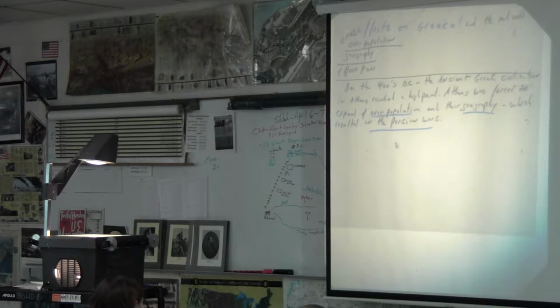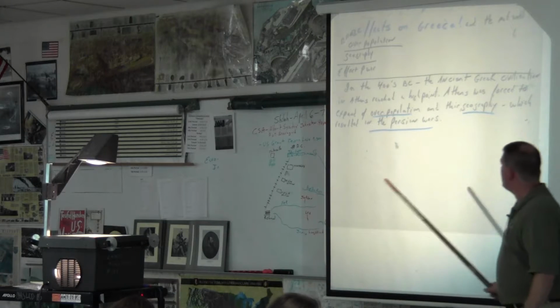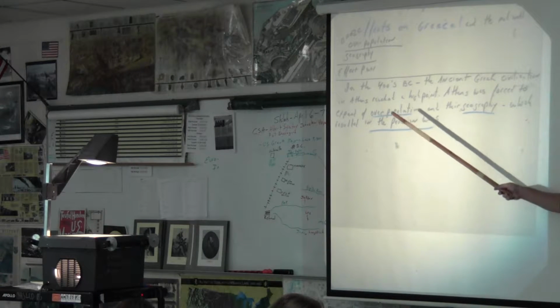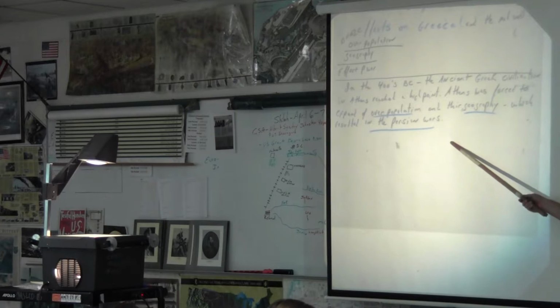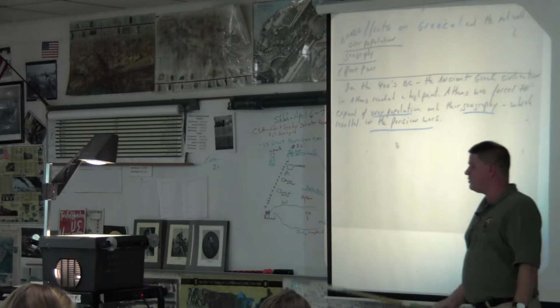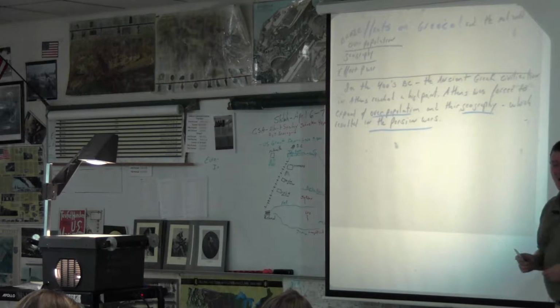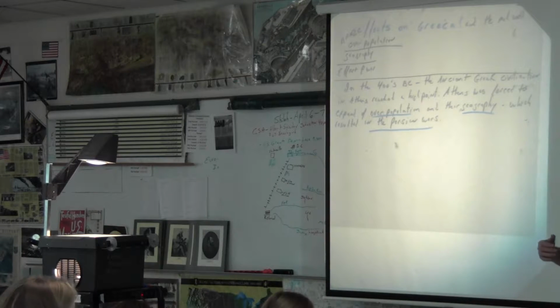All right? So we've gotten a setting, we've gotten a time, and we have the topics for our three paragraphs: overpopulation, geography, and Persian Wars. Is that really exciting and dramatic? No. But is it all true? Yes. Is it historically defensible? Yes.